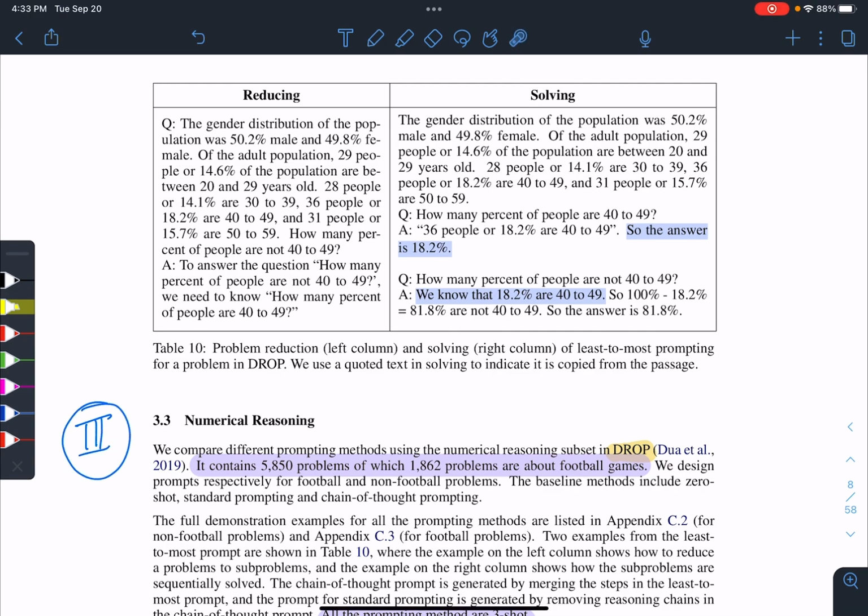The third dataset is numerical reasoning. It's a question like we get in some standard exams. There are some percentages, and the question is how many percent of people are not in 40 to 49. This is the reduction, how they get sub questions, like how many percent of people are between these ages, and then they use this to answer the sub problems.